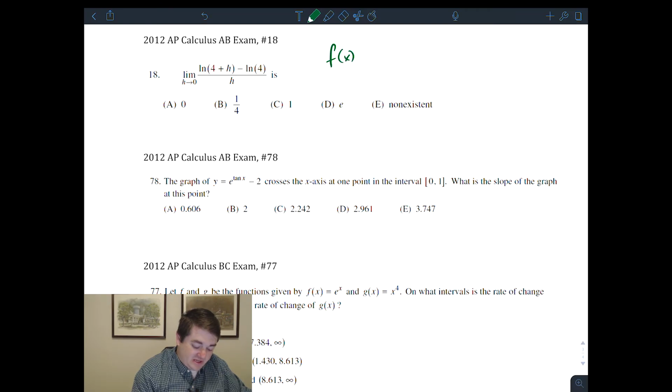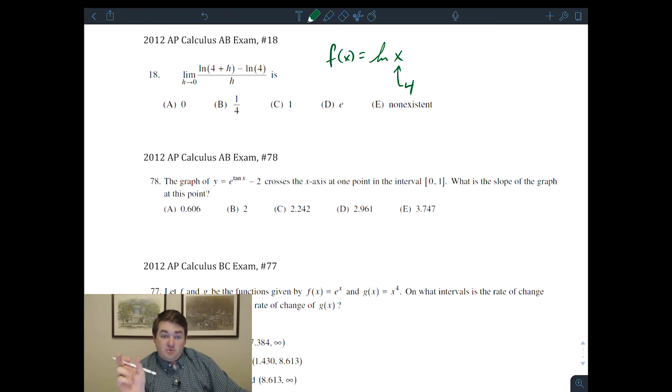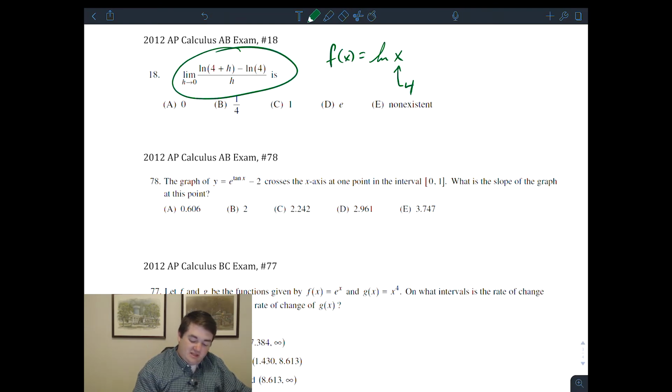The function f of x would be ln x, but we've already plugged in a 4. So this is f of 4 plus h minus f of 4 over h. If f of x equals ln x, this limit is saying, what is f prime of 4? The derivative of natural log x is 1 over x, so f prime of 4 is 1/4. So my answer is B.